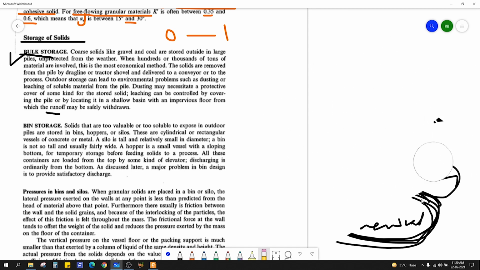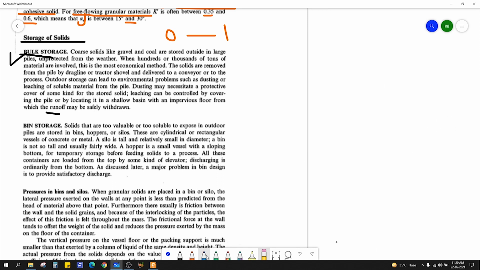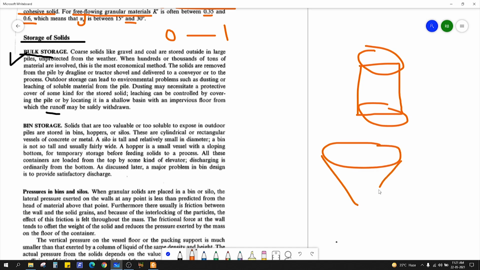What do bins look like? Bins are short and cylindrical, right? A cylindrical storage tank. And you can have hoppers, this conical kind of thing, or a kind of bucket.